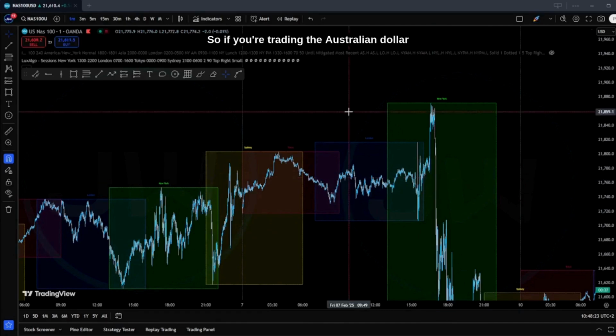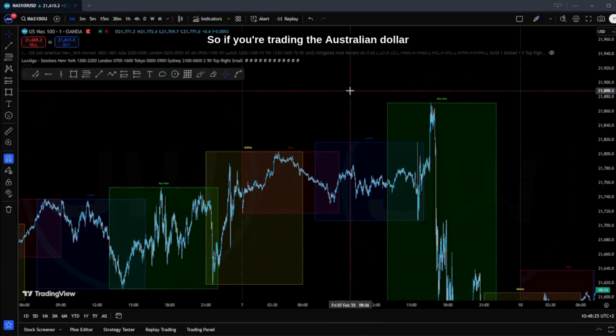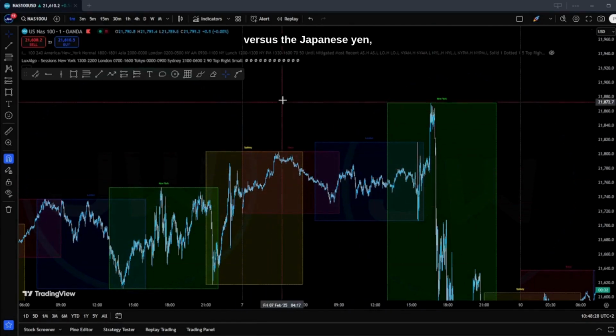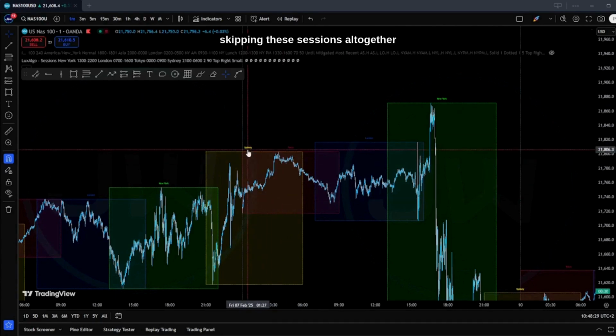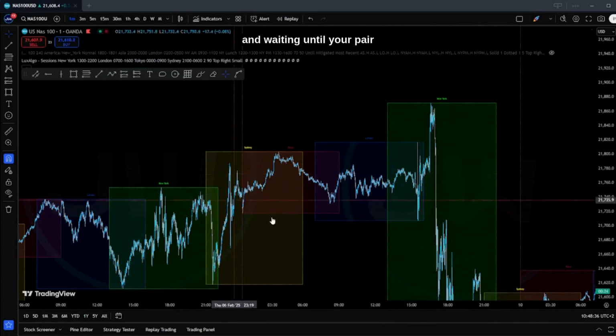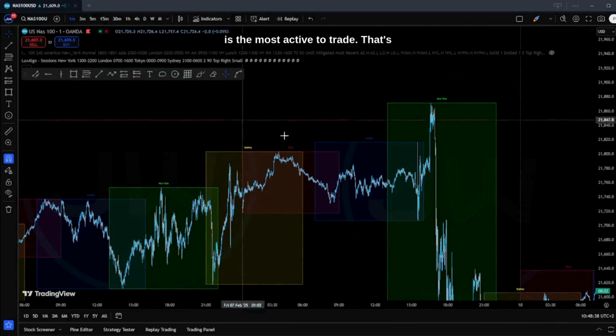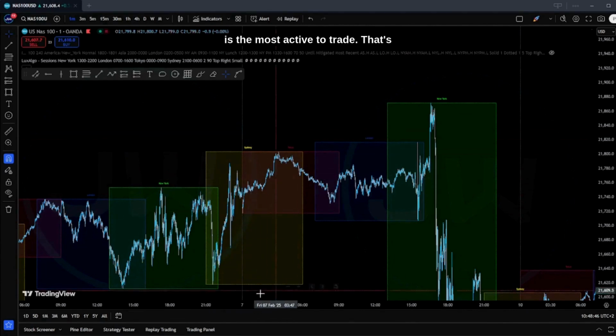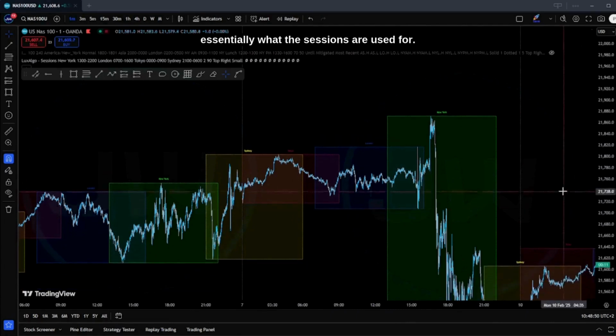Self-explanatory. So if you're going to be trading the Australian dollar versus the Japanese yen, then I would suggest skipping these sessions altogether and waiting until your pair is the most active to trade. That's essentially what the sessions are used for.